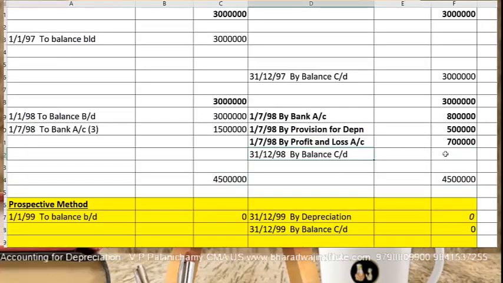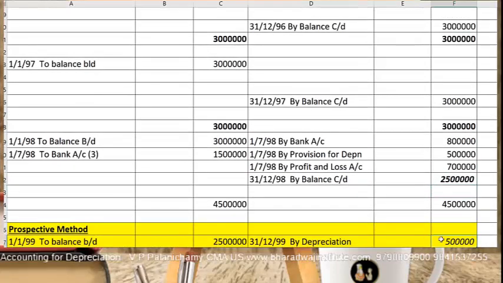By balance carried down is nothing but the debit side item 45 lakhs minus all these amounts. All these amounts you add and reduce, you will get 25 lakhs. You can cross check your answer also.